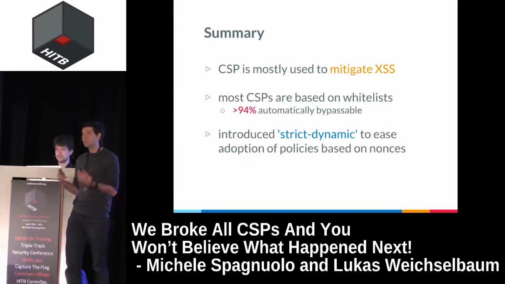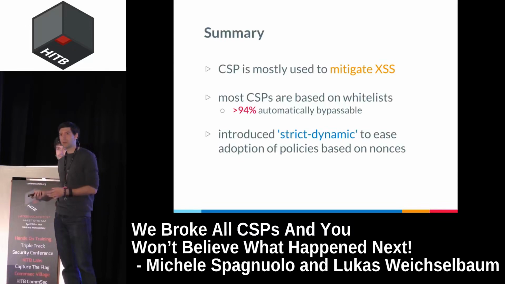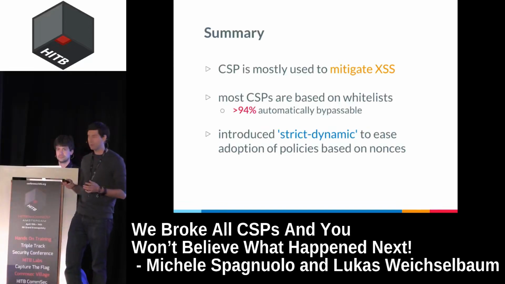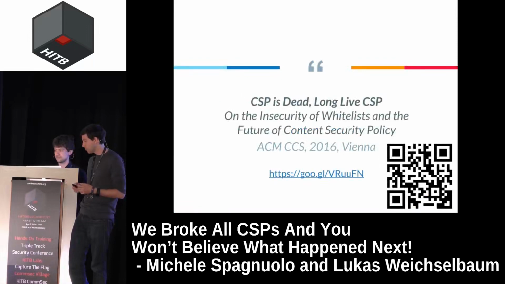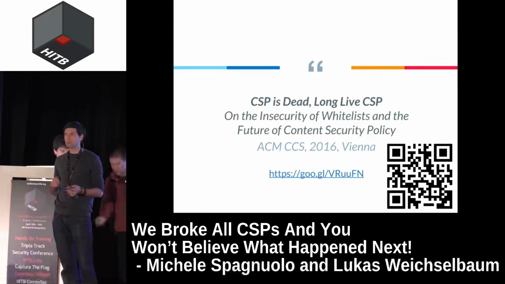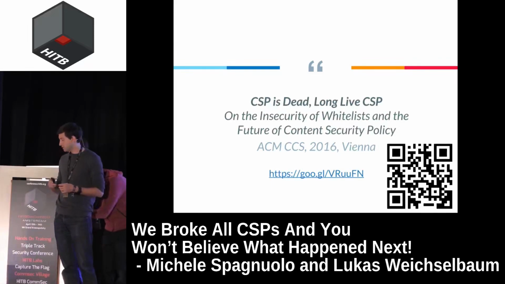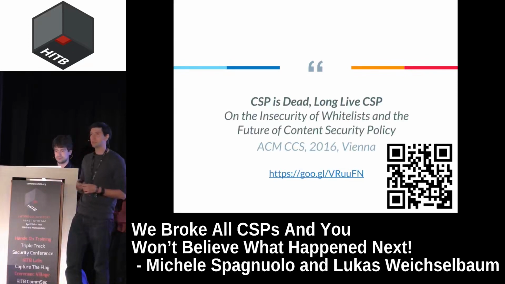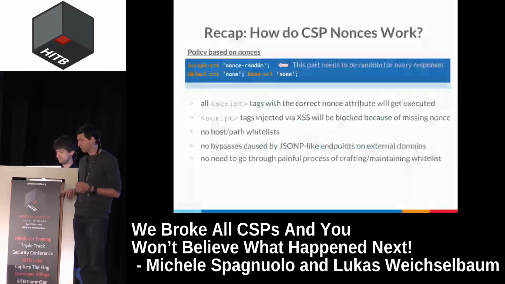In addition to that, we also proposed strict dynamic, which went into the CSP3 spec recently, which kind of makes nonce-based policies actually workable in practice. If you want to learn more about this previous research, like why whitelist-based CSPs are not really great, there is a really cool paper we presented at CCS in Vienna last year, which provides a lot of information on that.